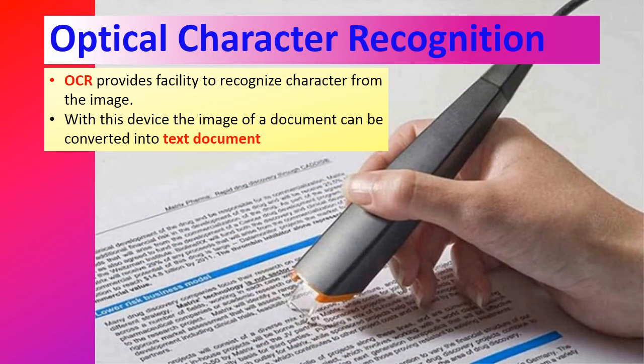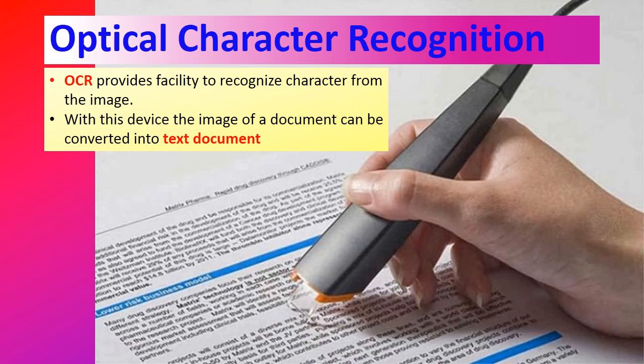Then the another scanning technology or input mechanism is optical character recognition. Now this is totally new for you, and I am sure that you may not know what it is. Here in the photograph you can see that a person is holding this device and passing it through the printed document.